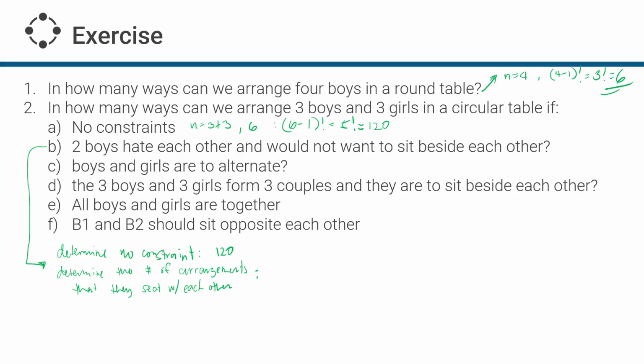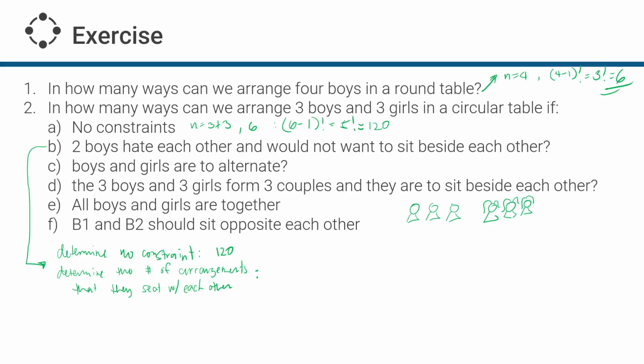To do that, we're going to use these two boys as one block. It means that instead of 6, we have three boys, tama? And then 3 girls.